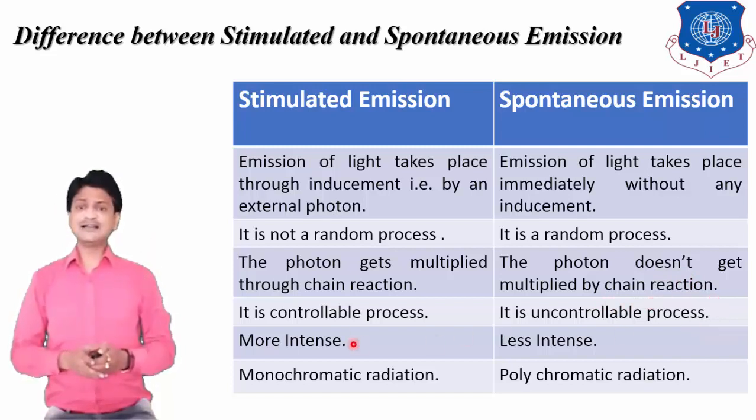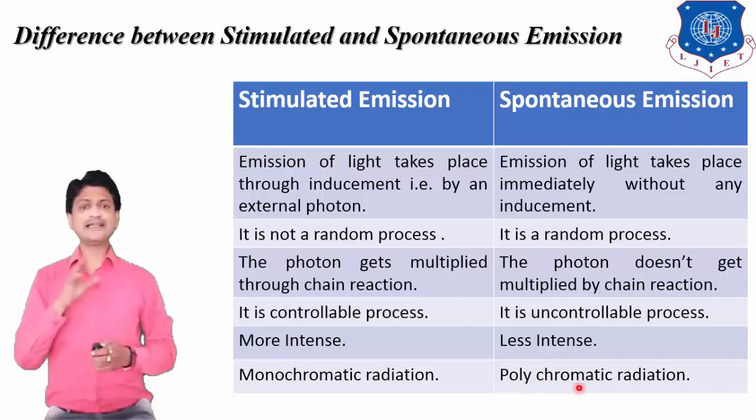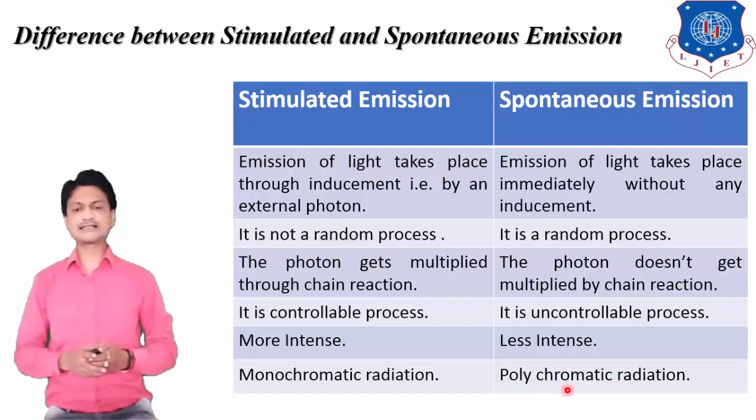We can say that stimulated emission is a controllable process, whereas spontaneous emission is an uncontrollable process. In case of stimulated emission, the beam is more intense, whereas in case of spontaneous emission, the beam is less intense. In stimulated emission, monochromatic radiation is there, whereas in spontaneous emission, polychromatic radiation is there.